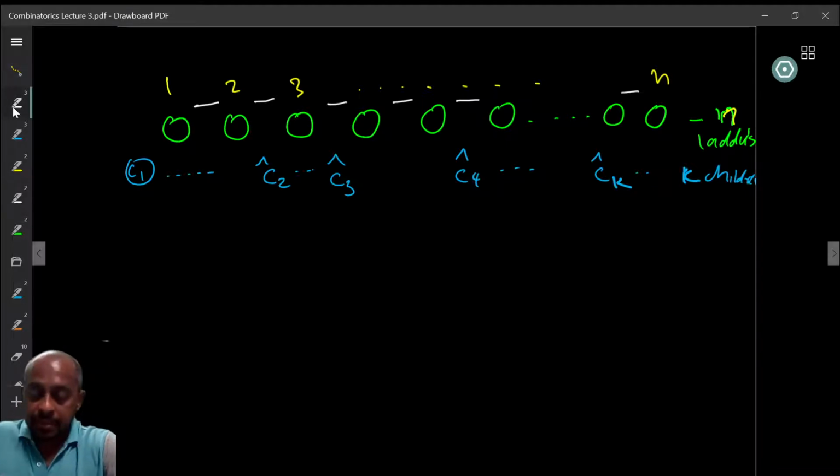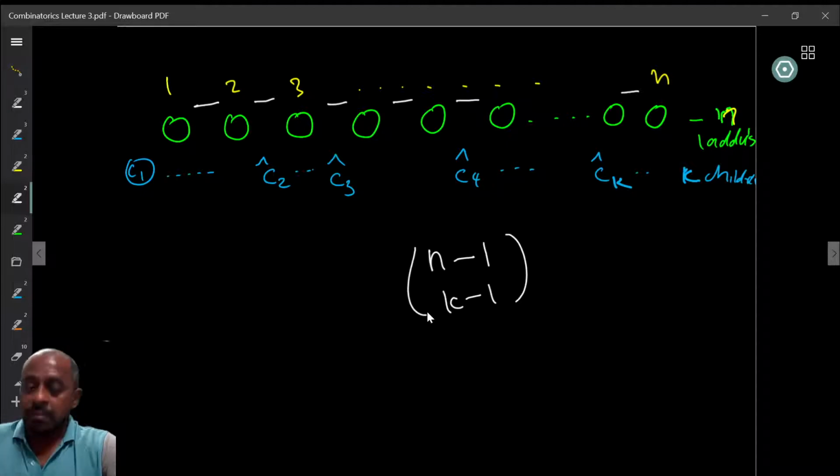Once we know that, we know the number of ways to do that. And how many are there? Well, since there are n minus 1 gaps available, and we need to select k minus 1 of these gaps where the children can start, there are n minus 1 choose k minus 1 possible choices, right? Each choice corresponds to a composition, and every composition corresponds to one of these choices, so this is a one-to-one correspondence.